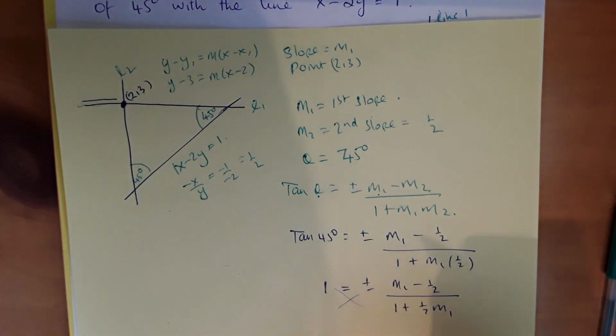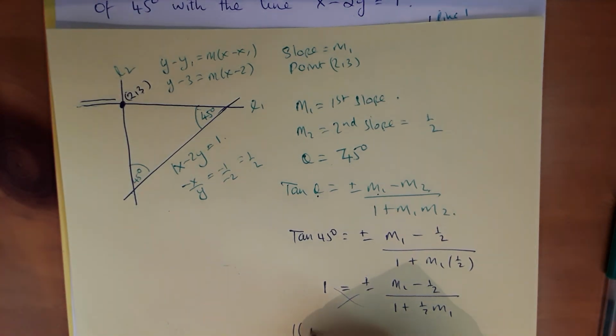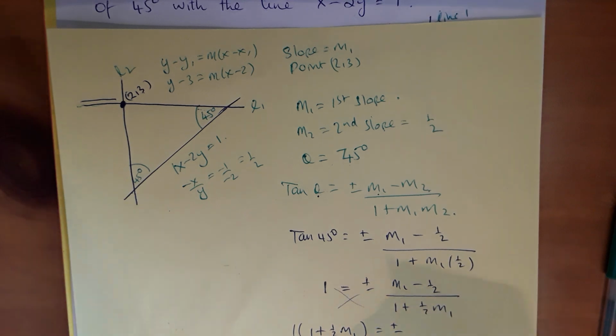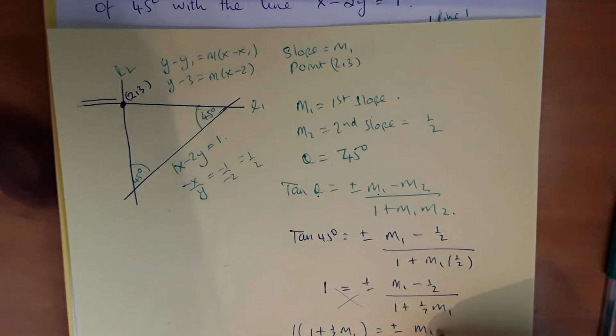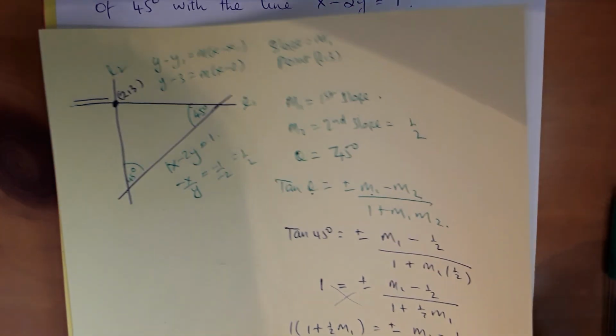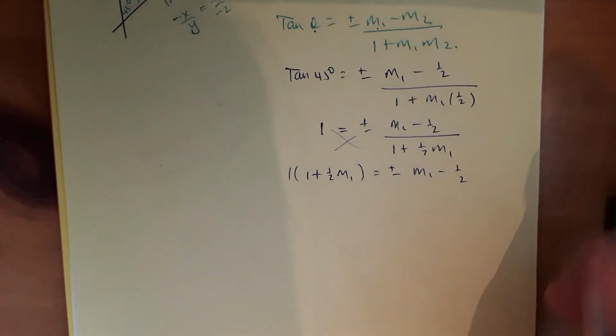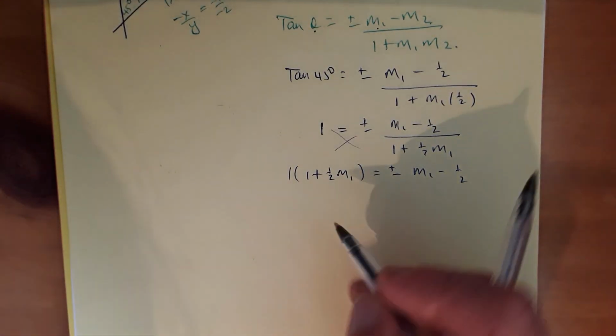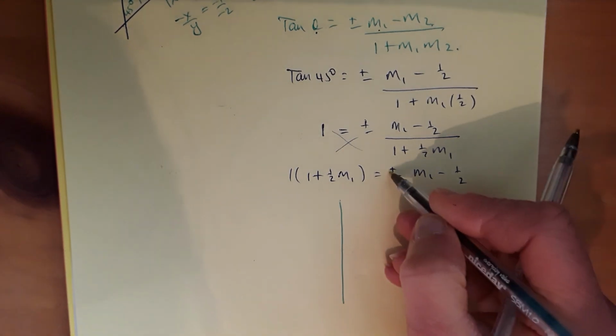What will I do now? Cross multiply. 1 times (1 plus a half m1) is equal to plus or minus (m1 minus a half). So now I have to take two possible scenarios for my answer.